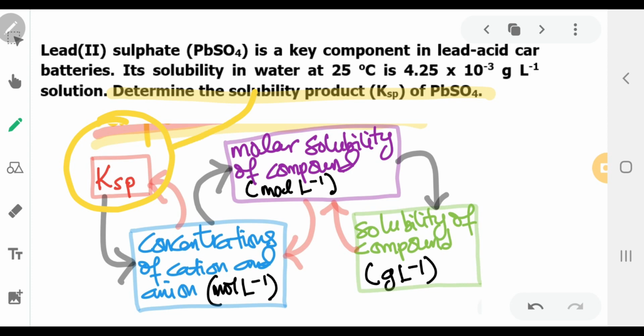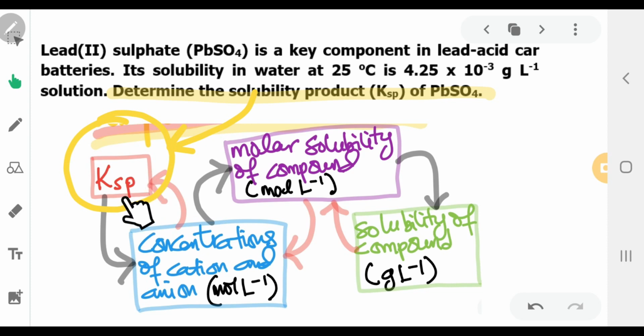And to get to this point, you need to be using the concentrations of cation and anion of lead sulfate in order for you to find the KSP.